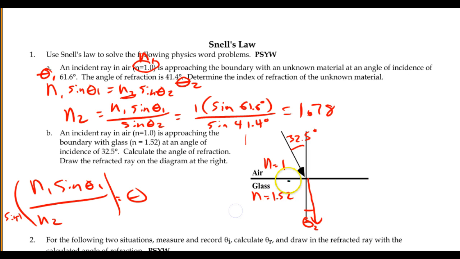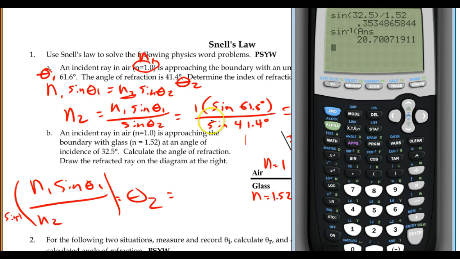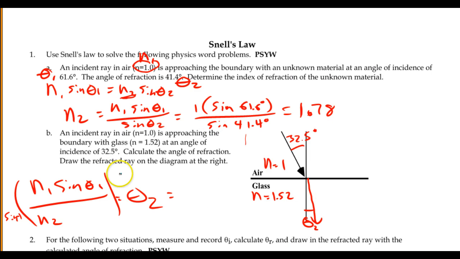So the new angle theta 2 is equal to 20.7 degrees. Now that is smaller than the 32.5, as we had said it should be, so that seems like a reasonable answer in this case.